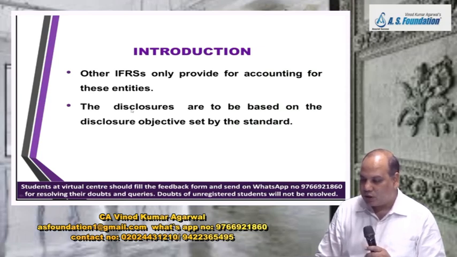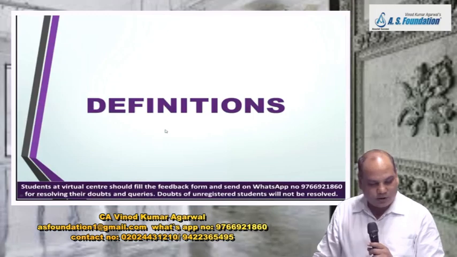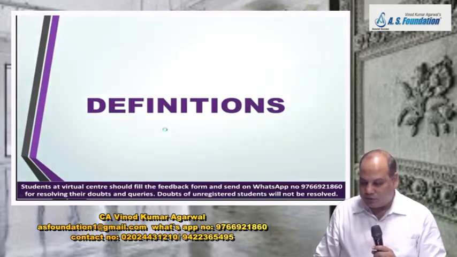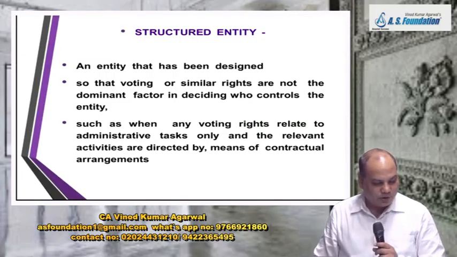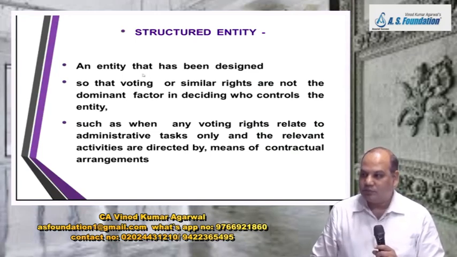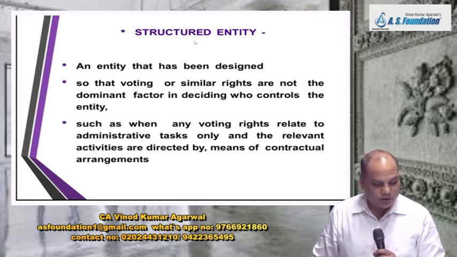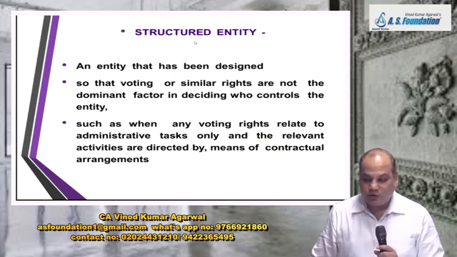The disclosures are to be based on the disclosure objectives set by the standard. So now we'll first see some important definitions. There are three important definitions in the standard: structured entity, income from structured entity, interest in another entity.